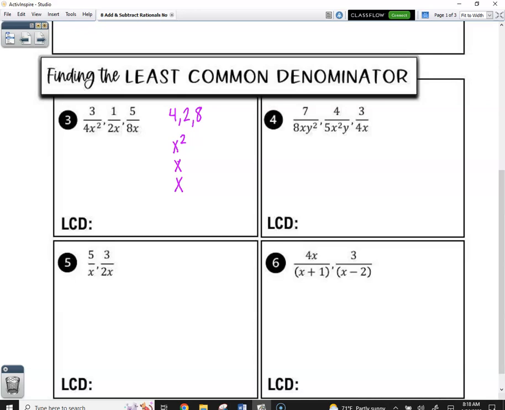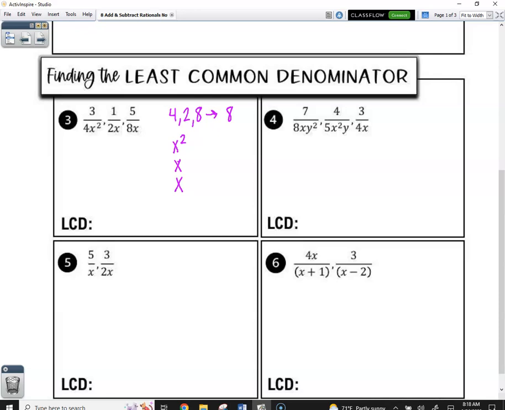Okay, so the LCD for a polynomial, very similar to with numbers, you start from the largest number. So in this case, the LCD would be what? 8, yeah, because 4 will go into 8, 2 goes into 8, 8 goes into 8. So 8's our LCD, numerical LCD.